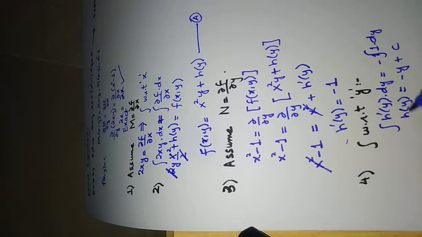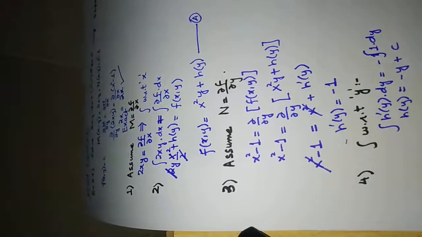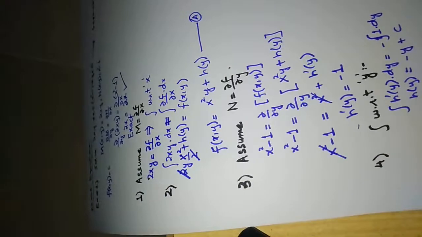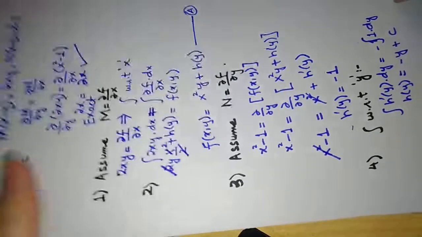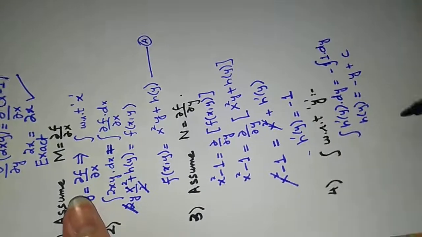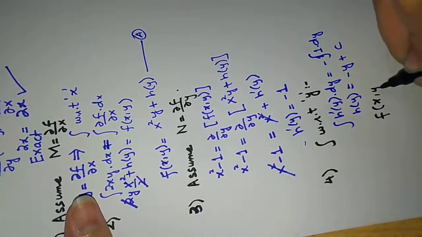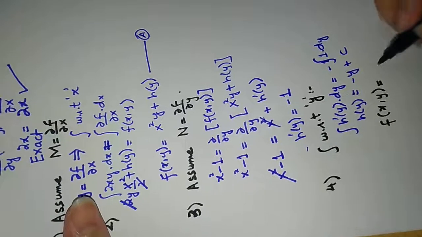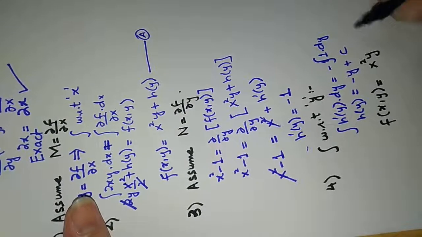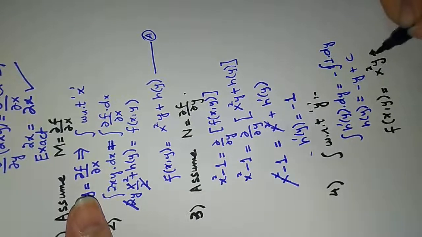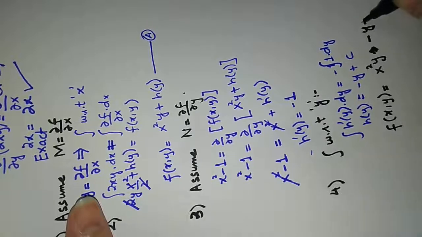So we are substituting this function value in equation A. Equation A becomes f(x,y) equals x² into y, and h(y) has the value minus y plus c.